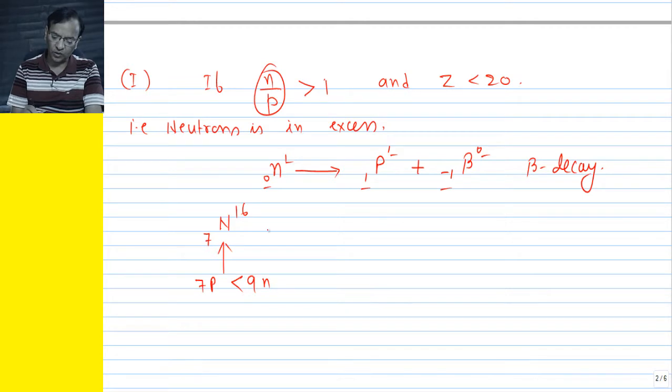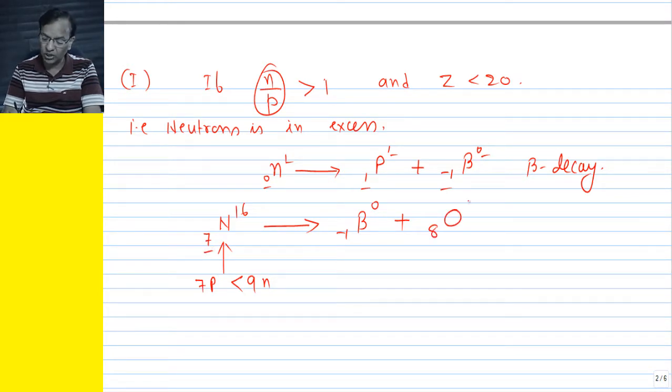Some of the neutrons will be converted into protons by this nuclear reaction. It will undergo beta decay, and here we have 7, so minus 1 plus 8. 8 is the atomic number of oxygen, so oxygen will be produced.